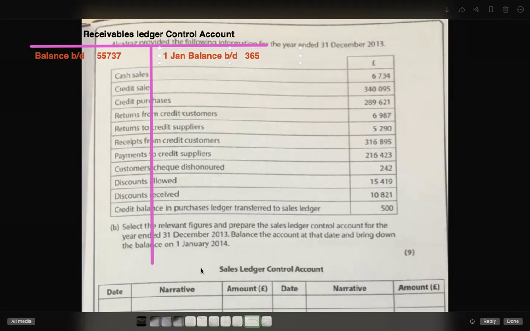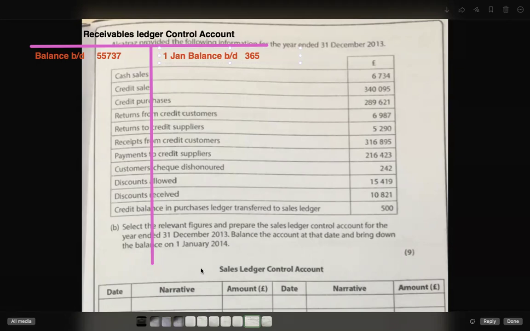Receivables are our credit customers. Understood? Please unmute yourself. Receivables are our credit customers.